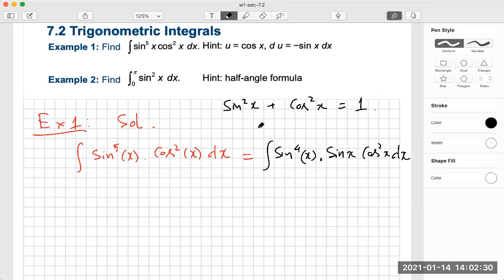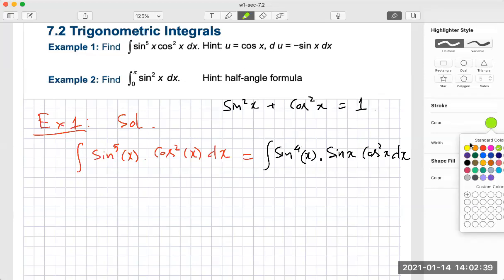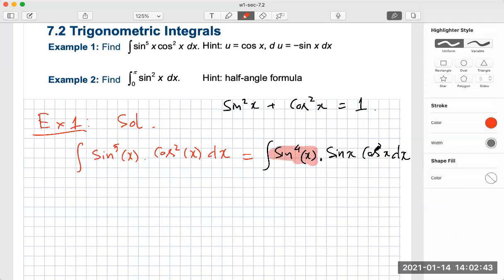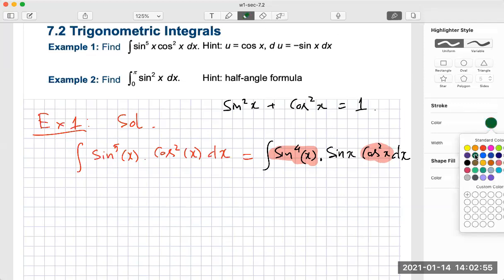Cosine squared, we can write as 1 minus sine squared. We can interchange them. But there's only this guy left, sine x here. It's always here.